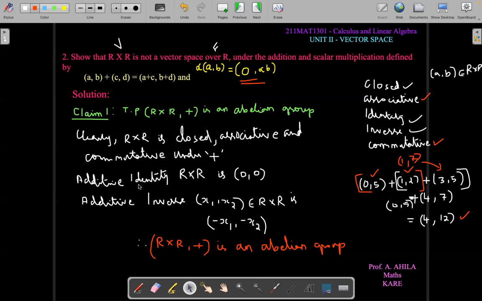You can refer. And similarly, we get the additive identity in R cross R is 0 comma 0, and the additive inverse of any element x1 comma x2 belongs to R cross R is again minus x1 comma minus x2. So therefore, R cross R comma plus is always an abelian group.